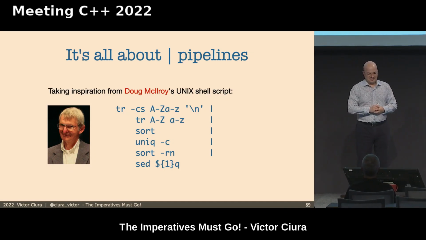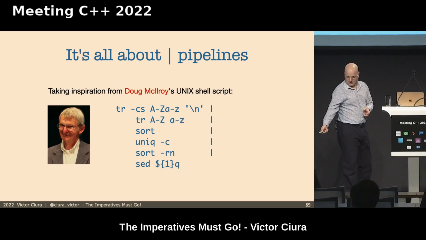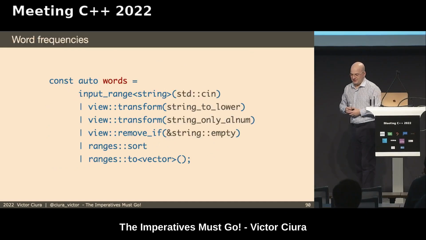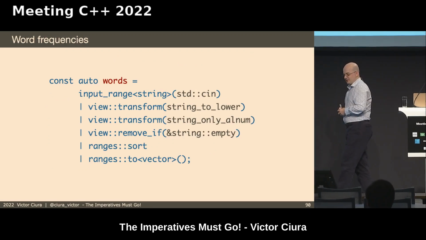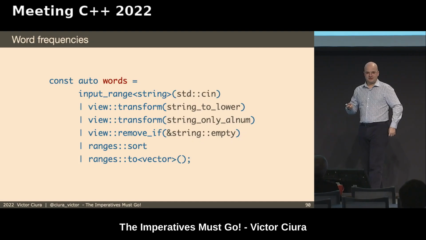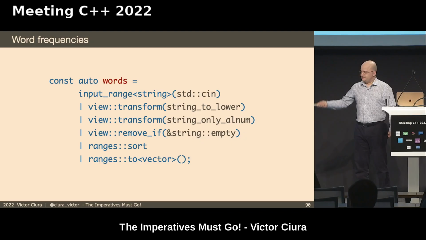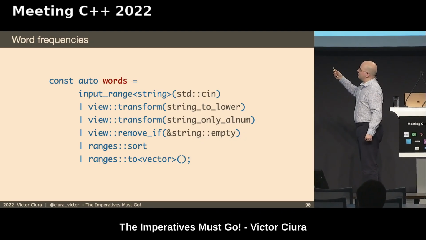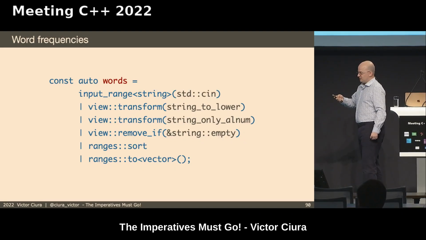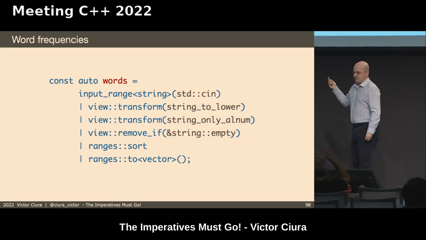Okay, so getting back to the pipelines and Doug McIlroy's magical script, I gave a teaser a few slides back, we can try to do a similar thing in C++ using ranges. Don't try to decompose this in your head. I think you can intuitively appreciate that this is very close to what Doug had, at least as close as we can get with the building blocks we have.